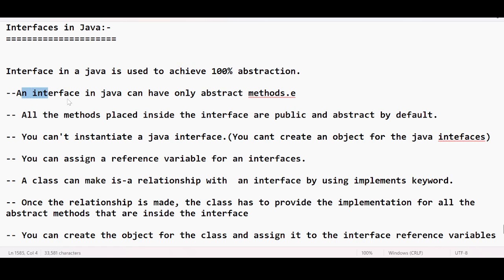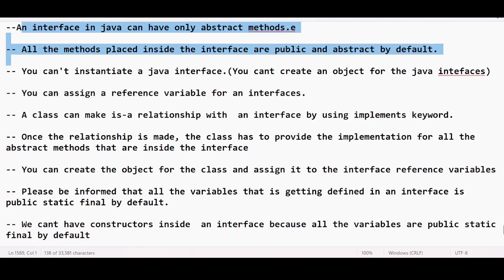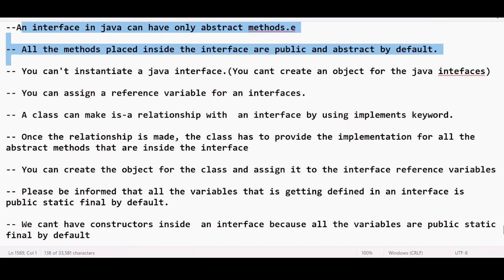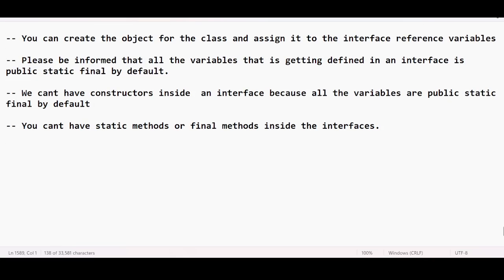These are the key points we have discussed about Java interfaces. A class can extend a class, and a class cannot extend an interface. A class can implement an interface. Making sense? We will discuss the interface advantages tomorrow.